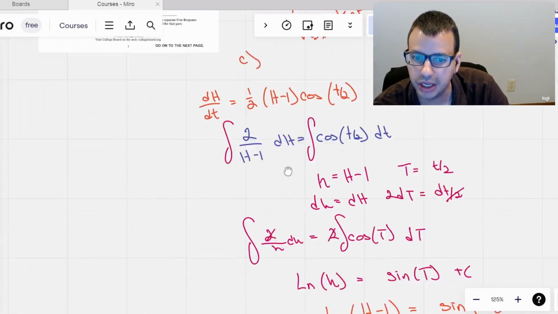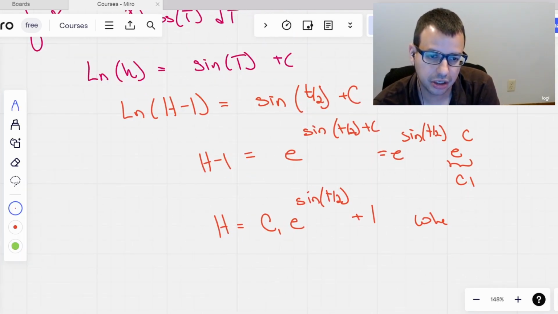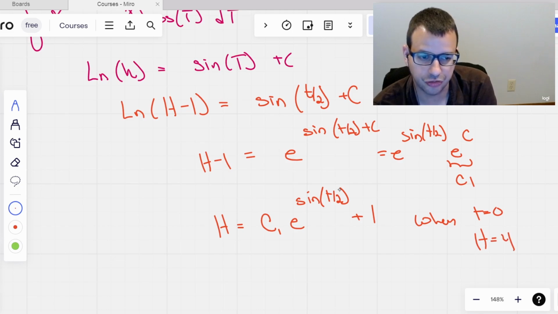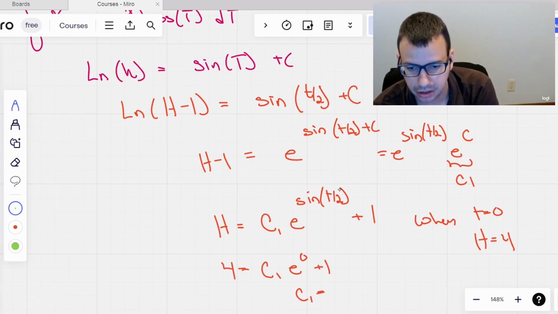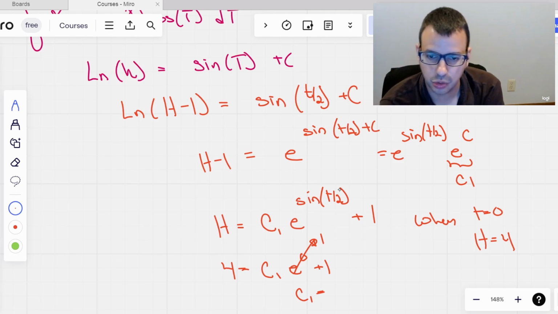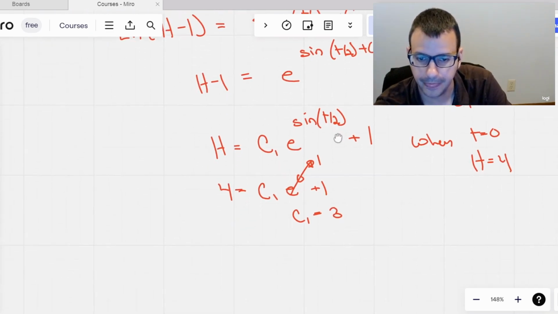And we know that when t equals 0, h equals 4. So we have 4 equals c1 e to the sine of 0, which is 0, plus 1. So c1, e to the 0 is 1, c1 equals 3.